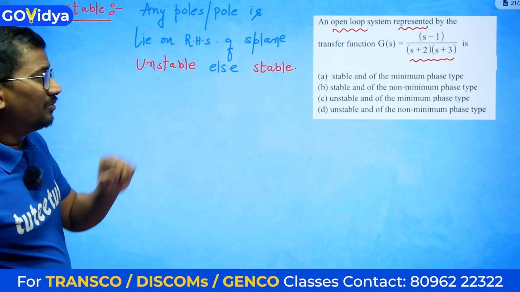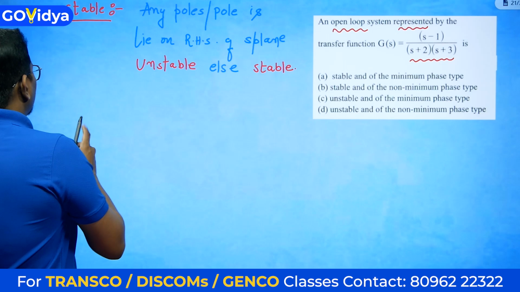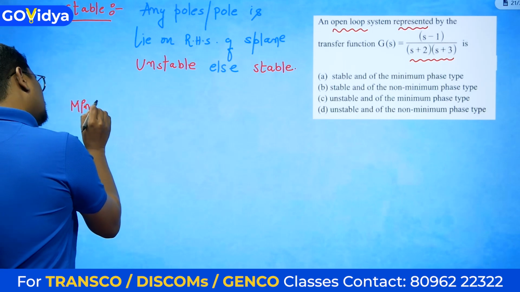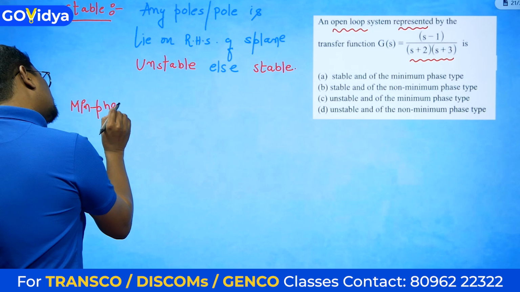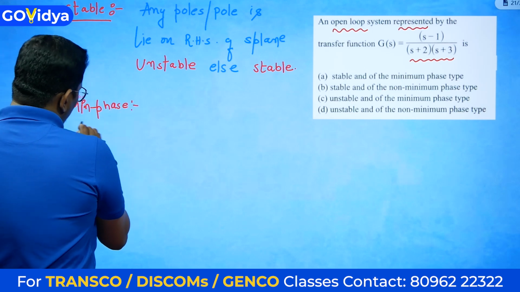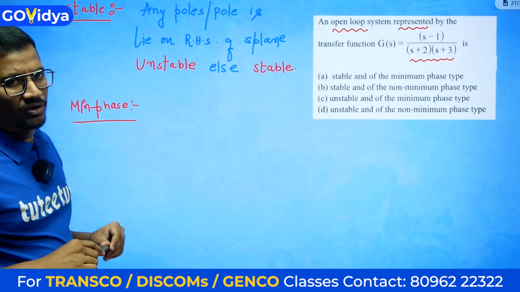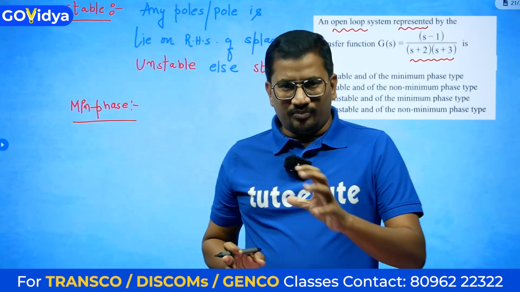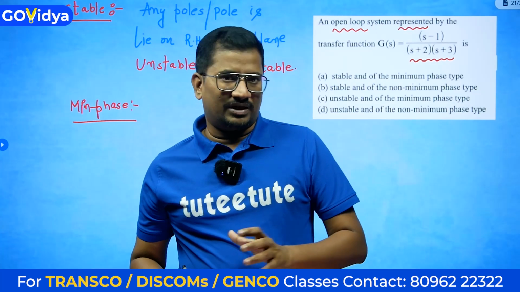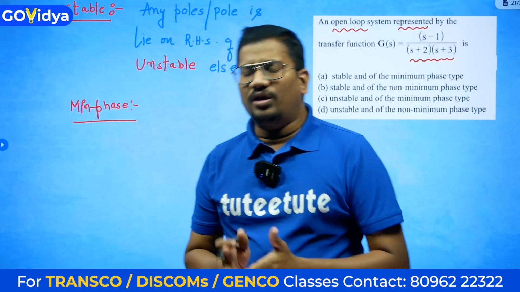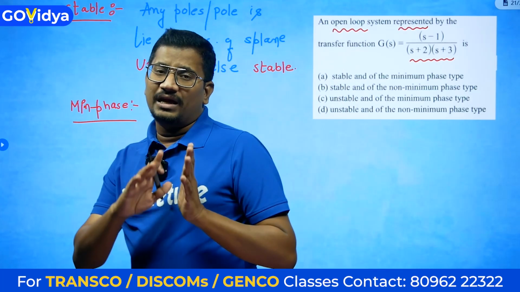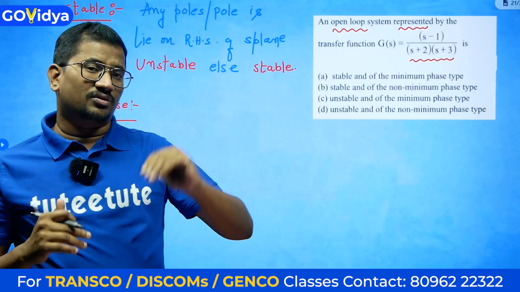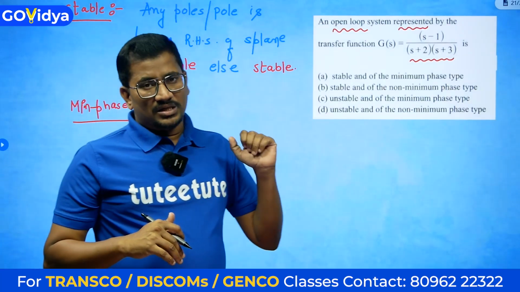Next, minimum phase and non-minimum phase system. Put a heading: minimum phase system. What is meant by minimum phase and non-minimum phase system? Any system has certain poles and zeros, right? If all the poles and zeros are lying on the left half of the plane, that is called a minimum phase system.